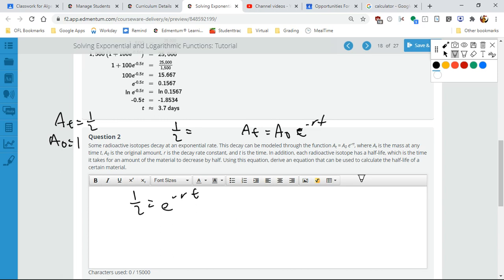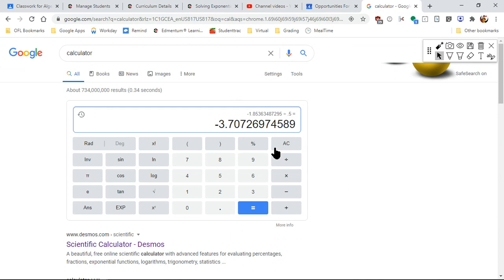So in order to do this, we are going to have to ln both sides. So we're going to do ln of 0.5 equals negative rt. And we're going to get t equals ln of 0.5 over negative r. Or in other words, what's ln of 0.5?